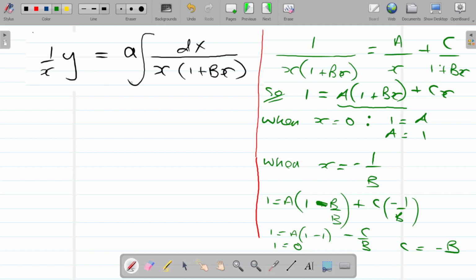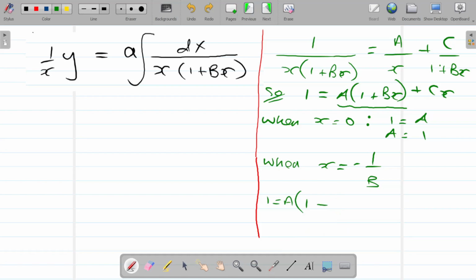So this means that if I just get rid of all of that, maybe I should write it down a little more convincingly.